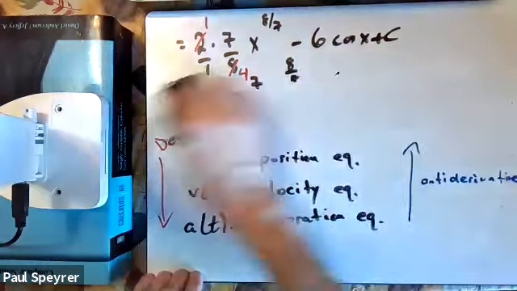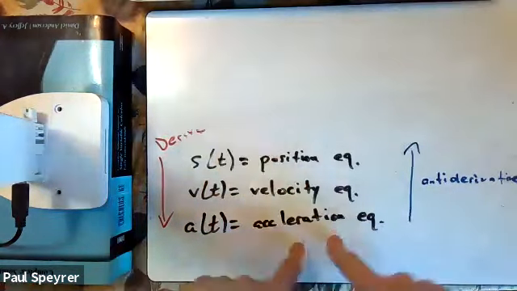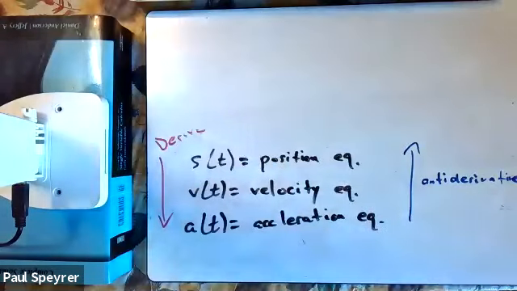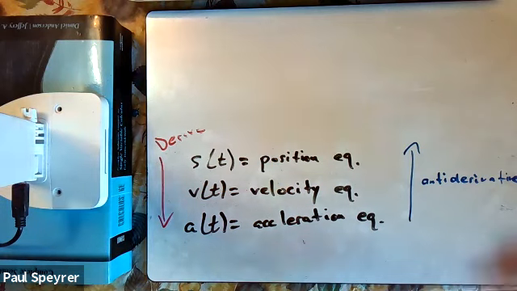So how can we use this right here? Well, sometimes you know the acceleration of an object and you're trying to get its position equation. How can you do that?